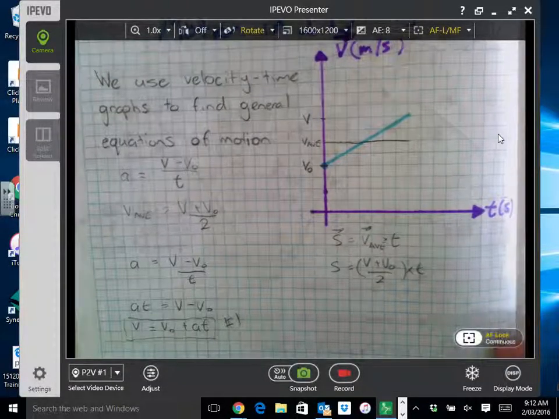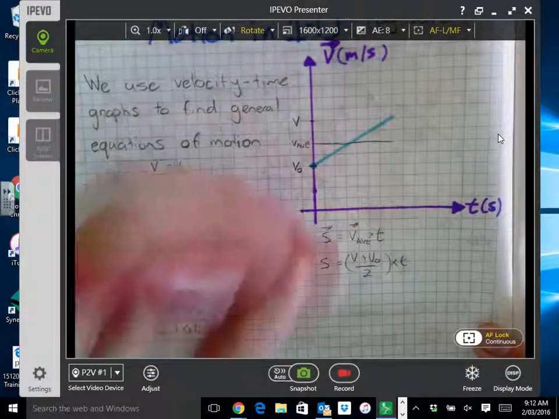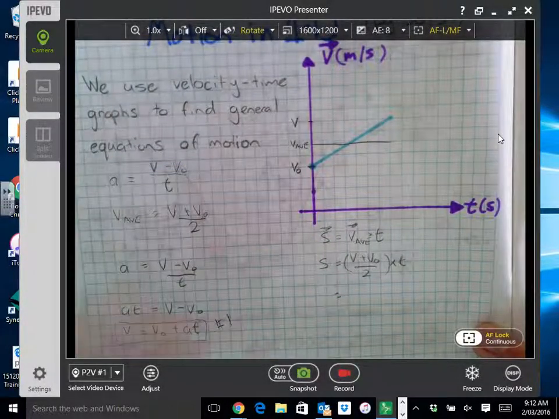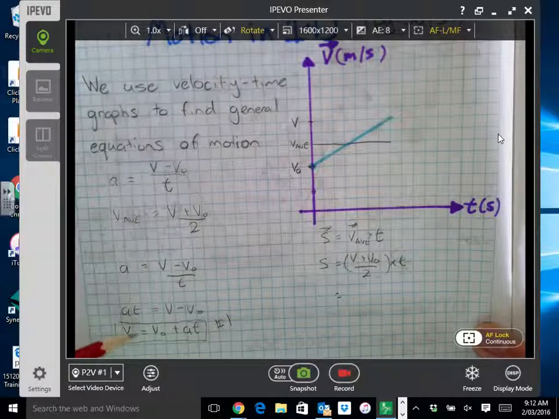All right. Now we also know that final velocity is AT. Okay, so final velocity from what we've discovered in this equation.